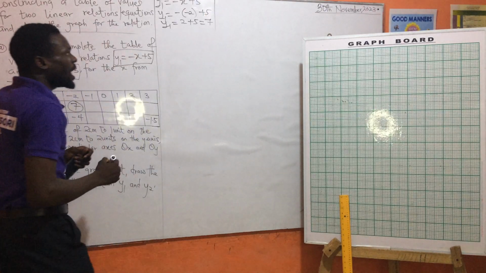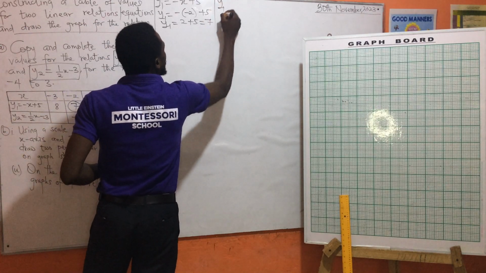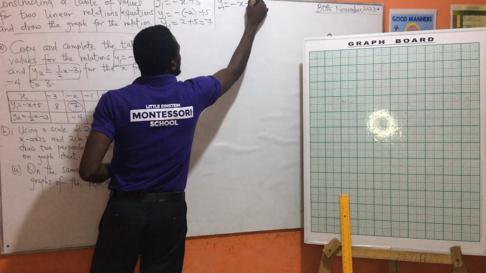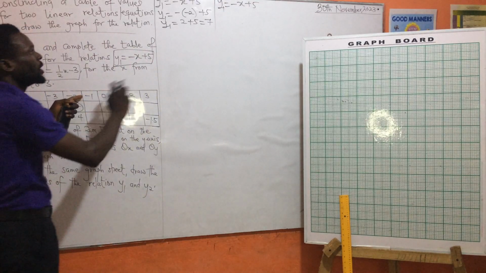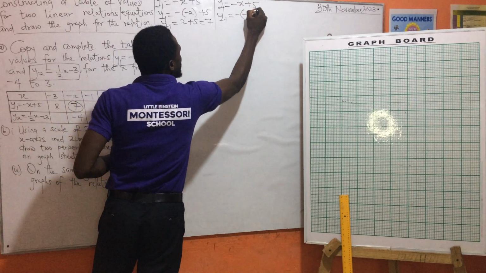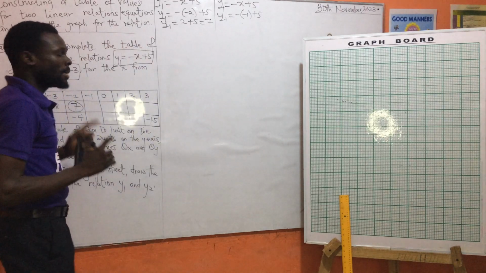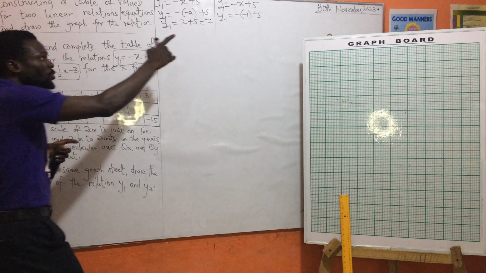With the same relation, y1 is equal to negative x plus 5, this time x is negative 1. So we say y1 is equal to negative x plus 5. But remember that our x is already negative, so we have to write it there.